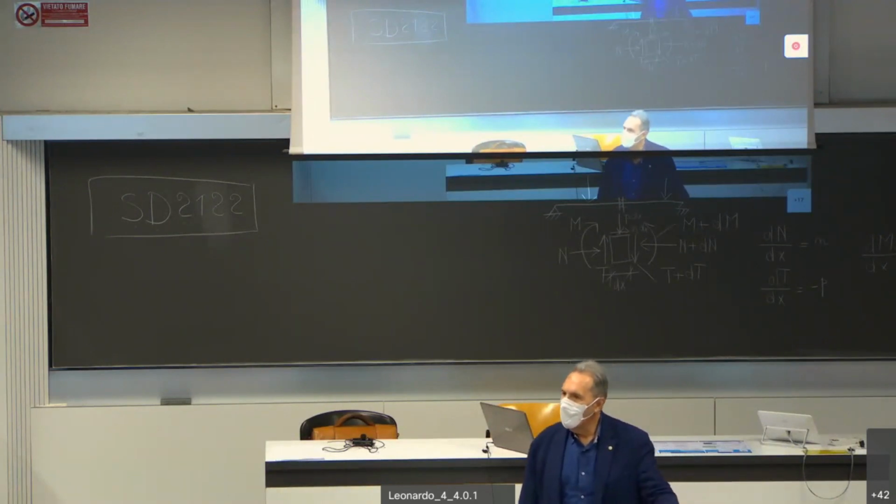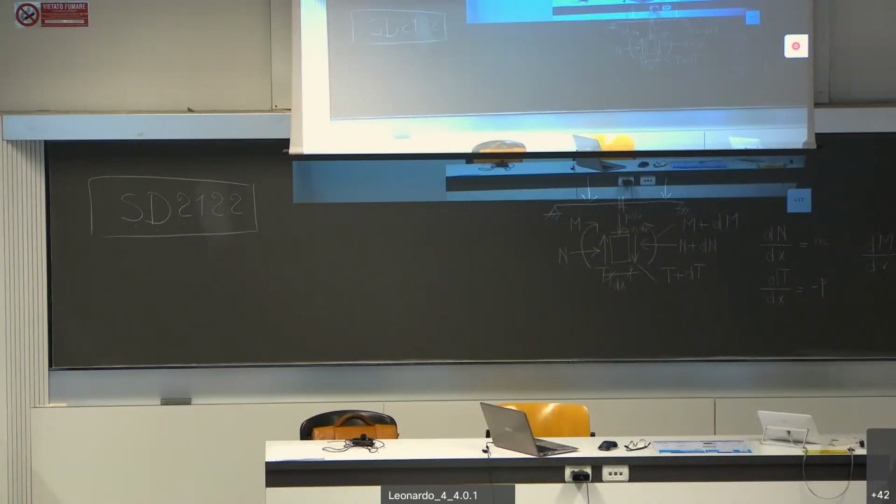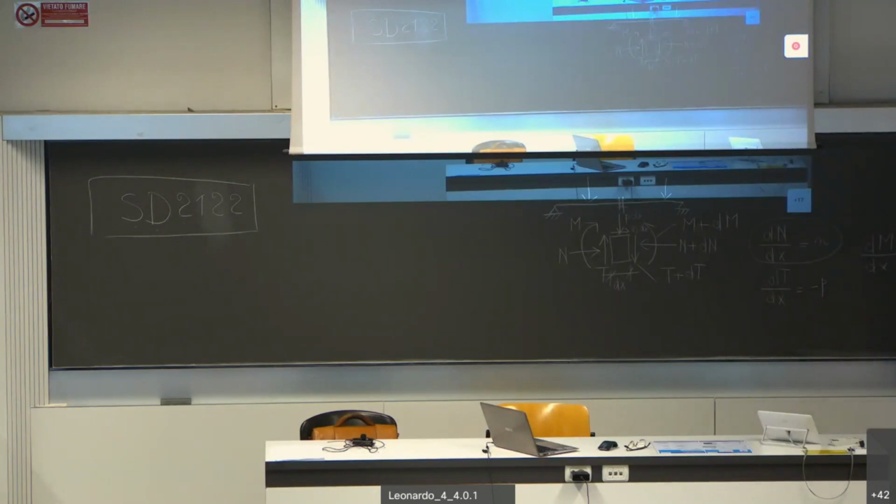Why? Because the first equilibrium equation, in terms of the axial force, gives us a fundamental piece of information. It says that in a certain piece of the beam, if there is no variation in the external axial forces, the axial force N is constant.